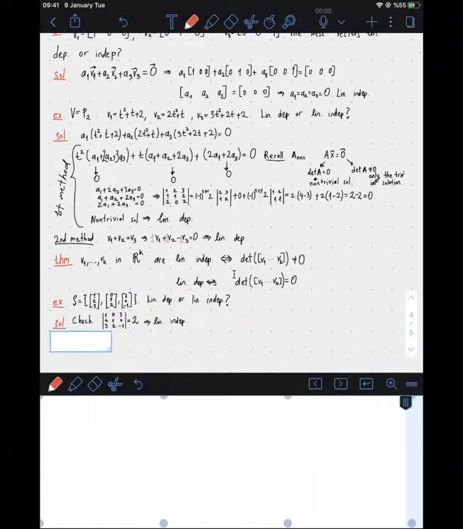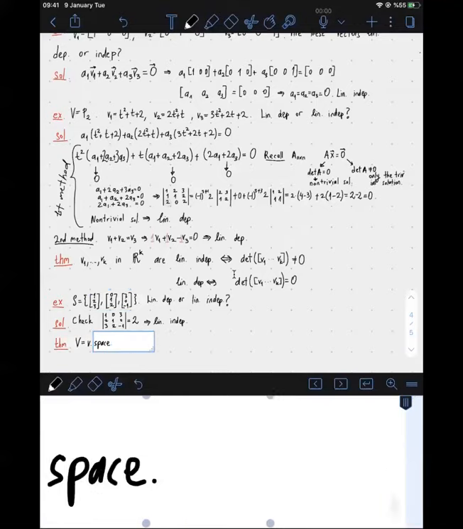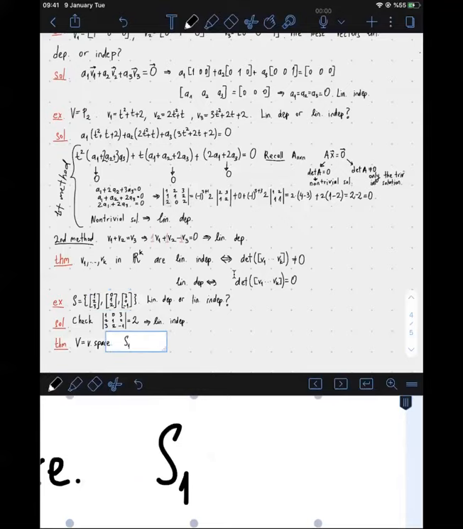Okay, another theorem. Let's see what this theorem is saying. We are always working in a vector space, let's call it V. Then we have two subsets of this vector space, S1 and S2.